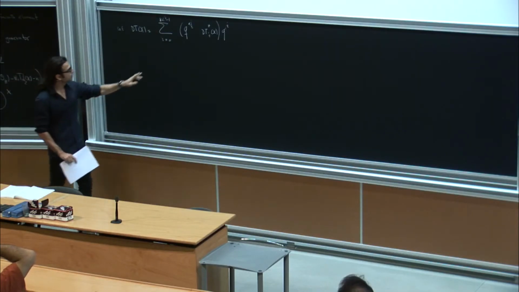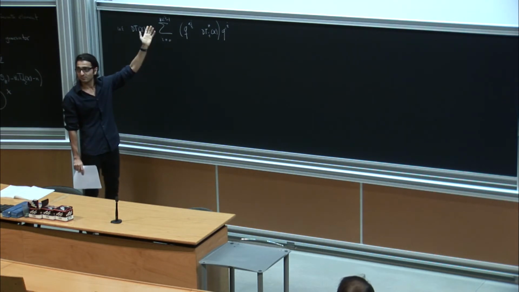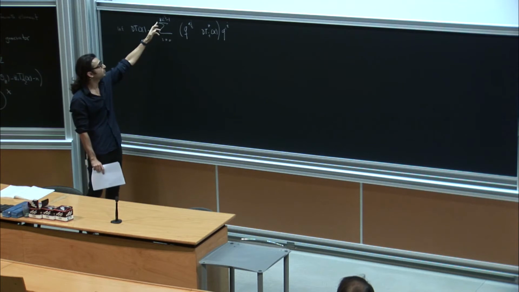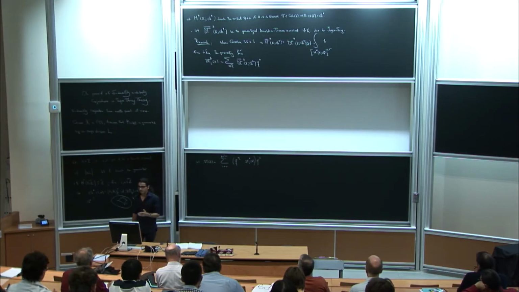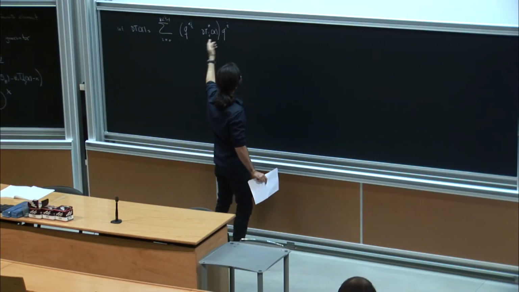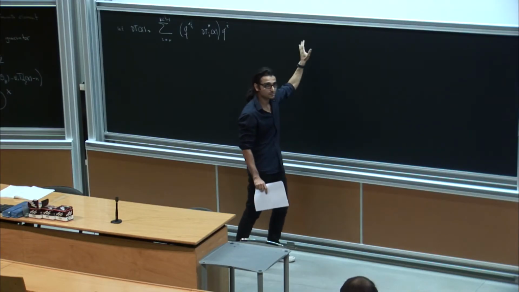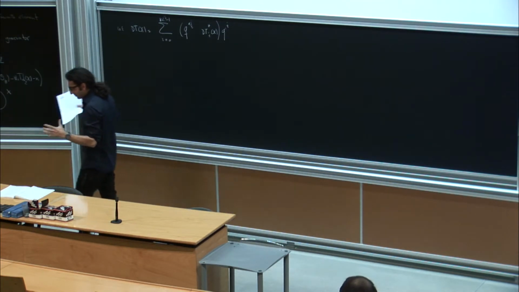So for example, if your threefold is the quintic, and I'm looking at hyperplane sections, basically k being 1, this I is some number from 0 to 4. So you can think of this as 5 components, q prime to the 0 times this sum, plus q prime to the 1 times the sum, q prime to the 2 times the sum. It looks like a vector with 5 components.